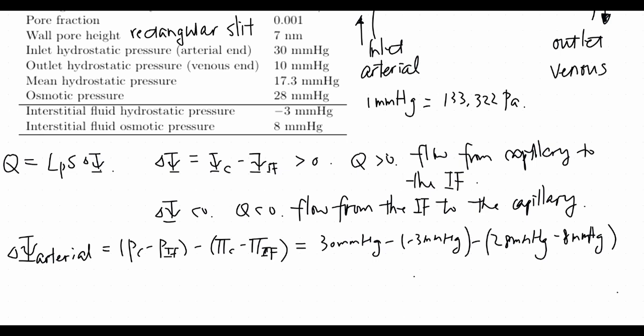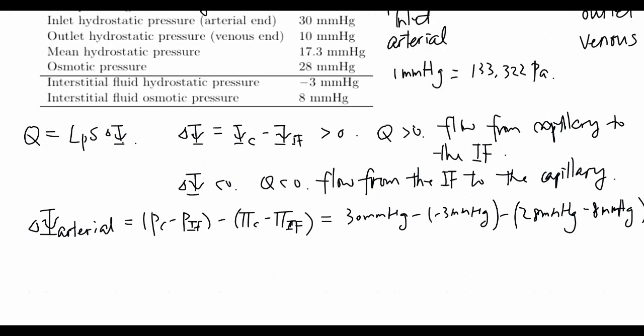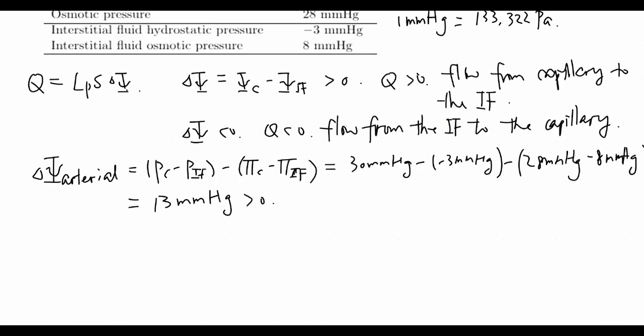So if you just calculate the numbers, you will find that this gives us 30 millimeter mercury. So it's a positive number. So that means at the arterial end, the filtration happens from capillary to the interstitial space.